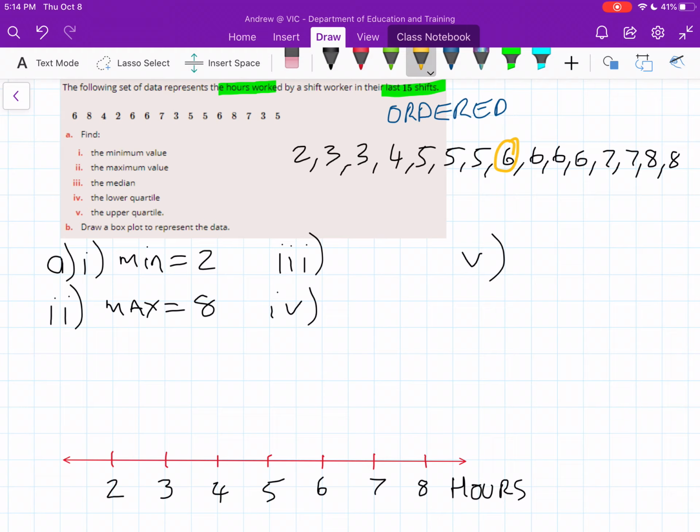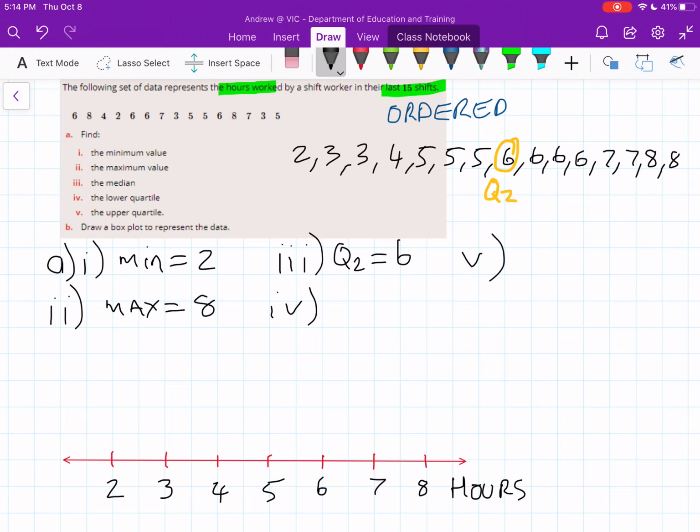We've got 1, 2, 3, 4, 5, 6, 7 on that side, and then 1, 2, 3, 4, 5, 6, 7 on that side. So that's all good. Okay, so our median, or Q2, is equal to 6. Just going to write that there. So Q2 is equal to 6.